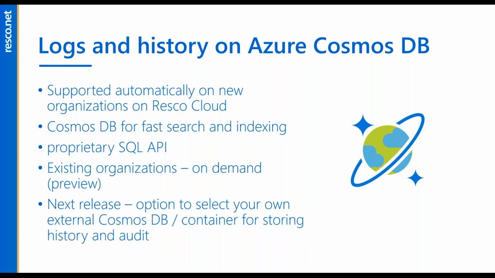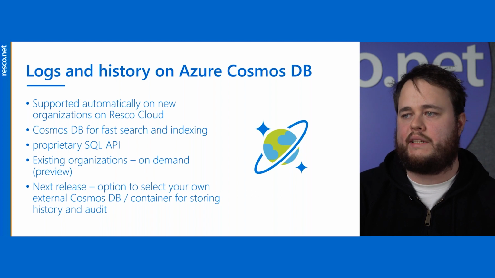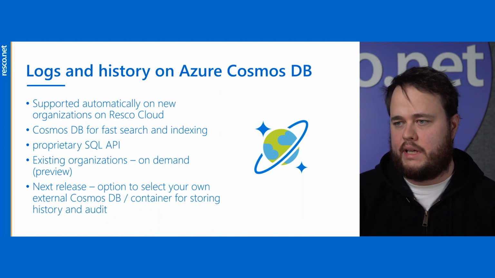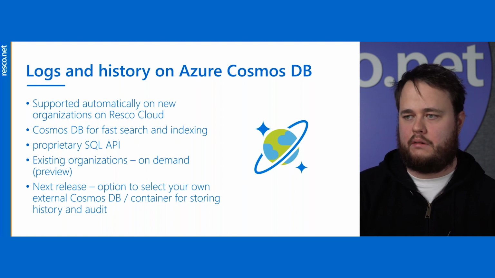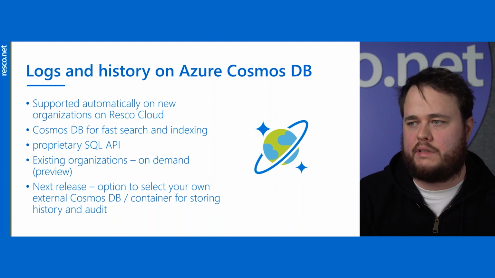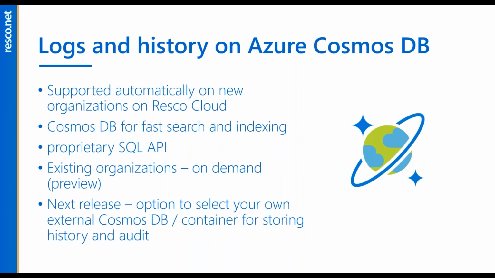So you're able to make proprietary SQL requests on the Cosmos database to get instant information about the changes. You're able to find the data much more quickly than in a usual SQL database. And all these benefits when you use Elastic searching are also provided in Cosmos database.